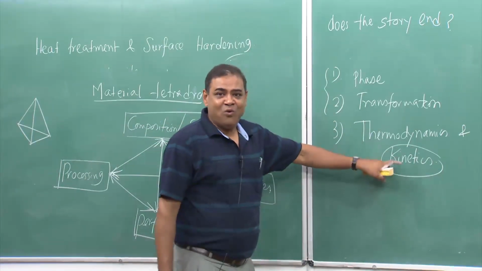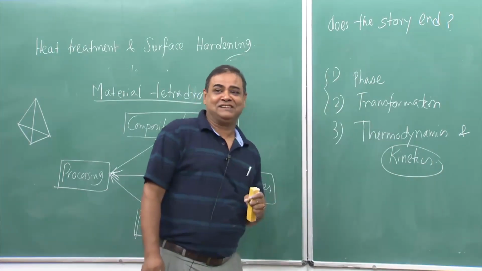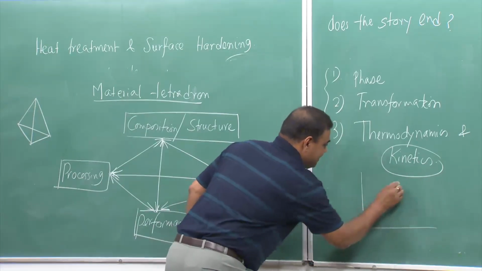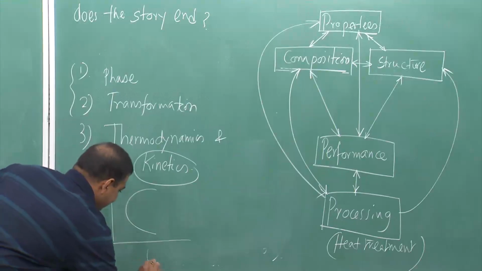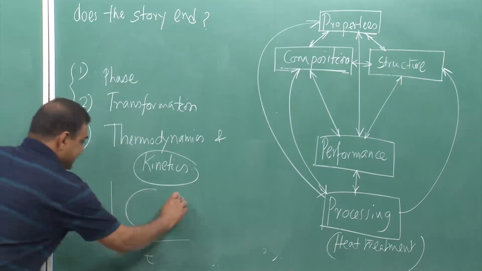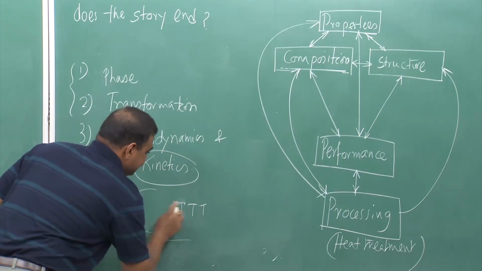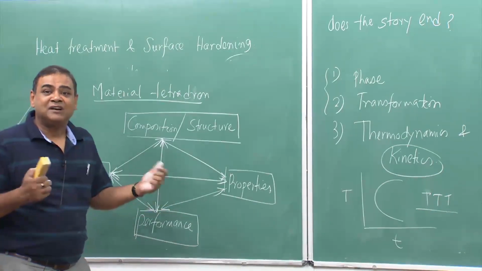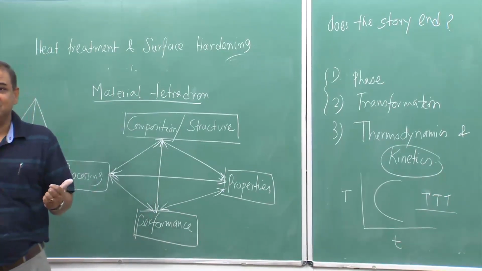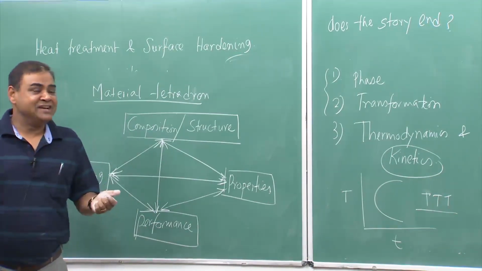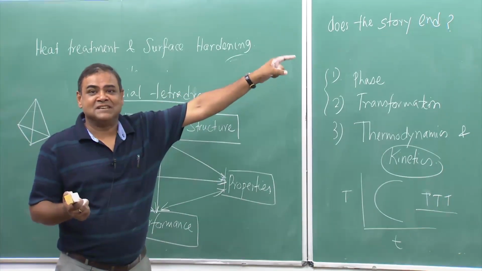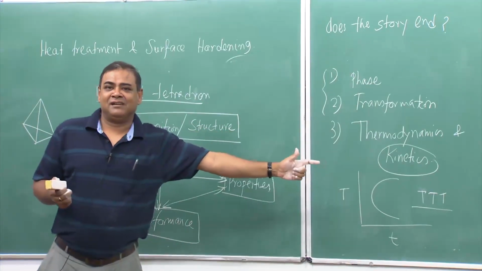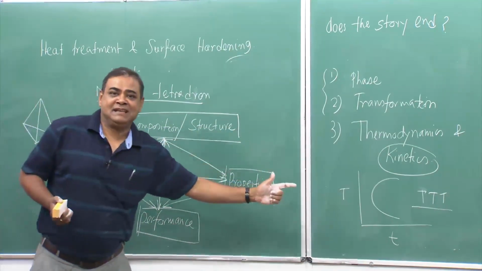And finally, once we see all those three things, we get to a particular diagram, TTT, and this TTT diagram would tell me what sort of temperature and time information you need in order to get a particular set of properties from a particular material in order to meet a desired performance.